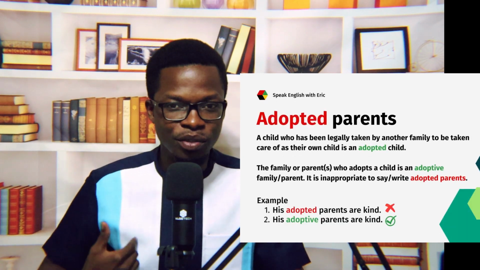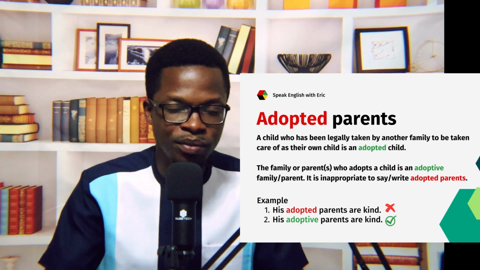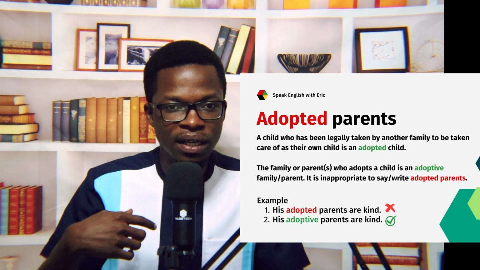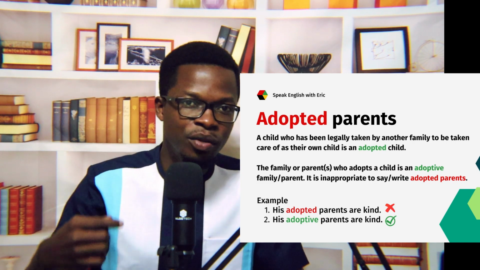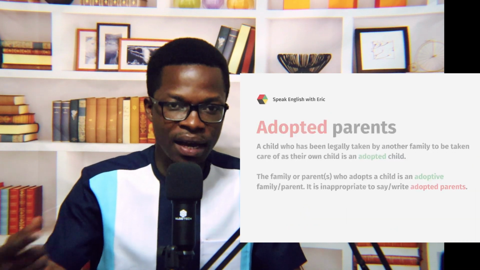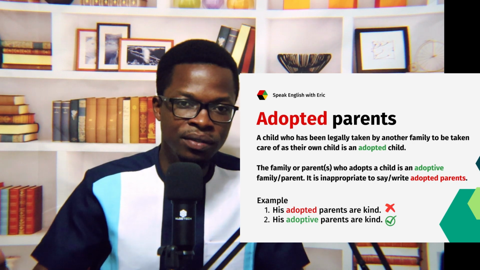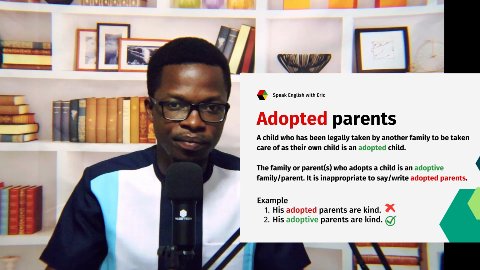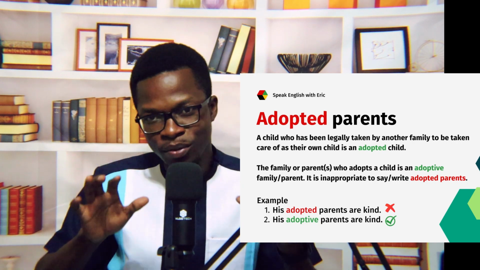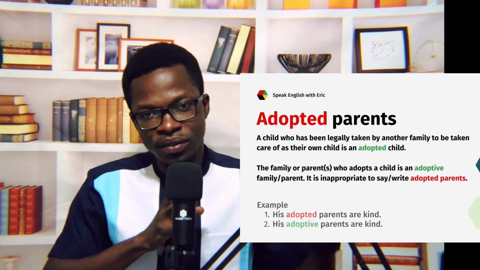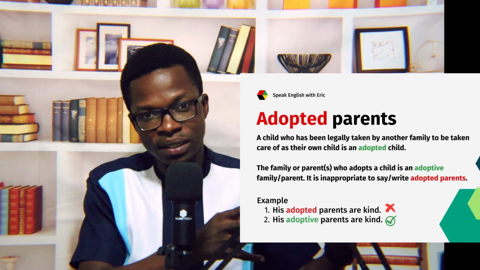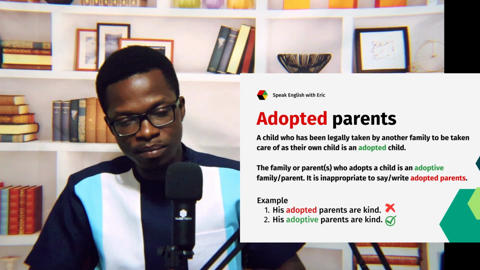Adoptive family. The parents are not adopted. It is the child who is adopted. So you would rather say the adoptive parents are great. The adopted child is awesome. So I hope you get the difference. If the person is adopted, the person is the one being taken into the family.